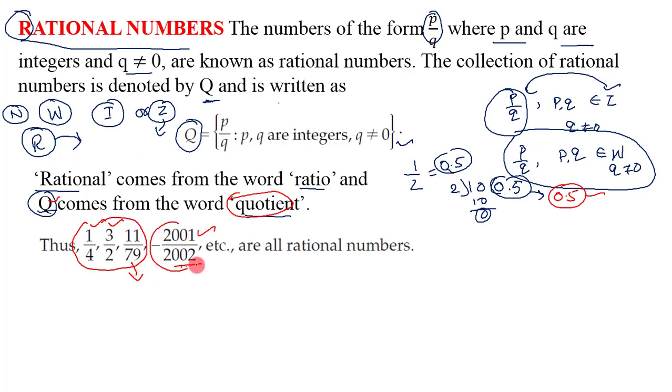But this one is only a rational number, which is not a fraction. Why? Because in fractions negative numbers are not allowed. Here a negative number is there, so it is treated as only a rational number. But these three are treated as rational numbers as well as fractions. That you need to notice.